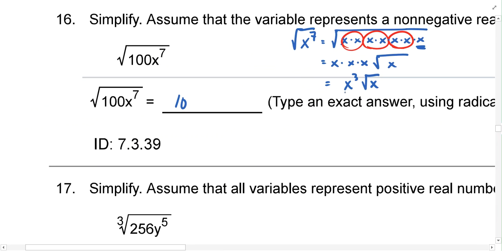So when combining this answer with this one, it looks like we end up with 10 times x cubed times the square root of x. And this result has now been simplified.